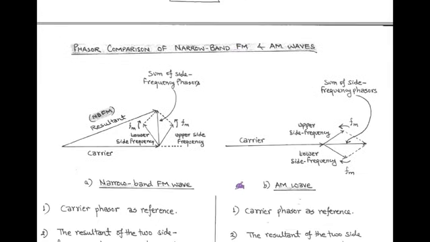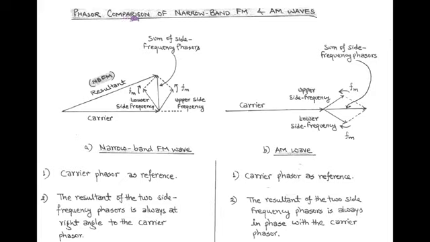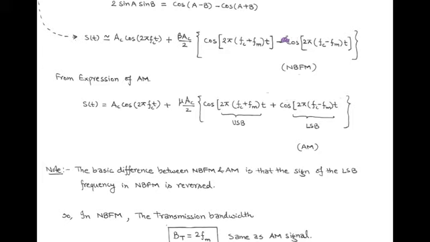Next, we are going to discuss the phasor comparison of narrowband FM and AM waves. As we have discussed earlier, in the equations of narrowband FM and AM waves, there is a difference of sign in the LSB term. In narrowband FM, there is a negative sign, while in the case of AM, there is a positive sign in the lower sideband term.